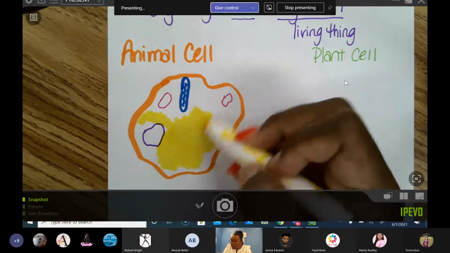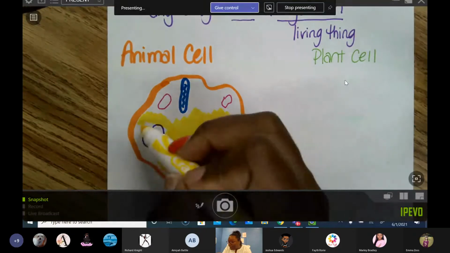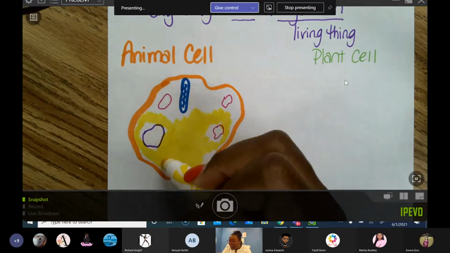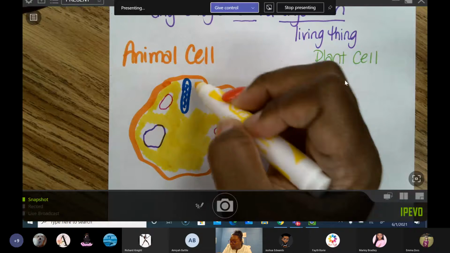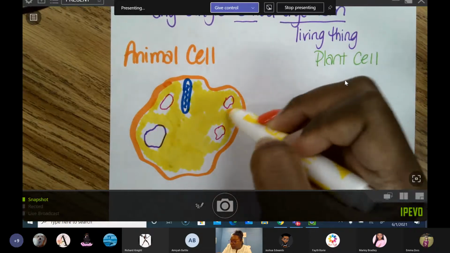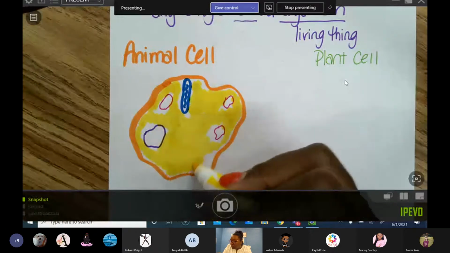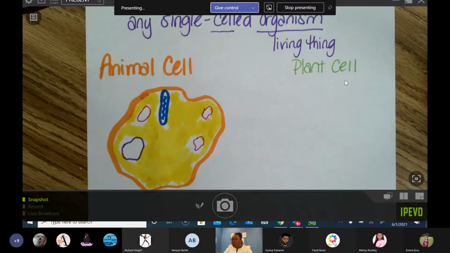Don't color over those structures. Those structures are almost floating inside of this cytoplasm. Okay. And now let's go back and label these structures or organelles.